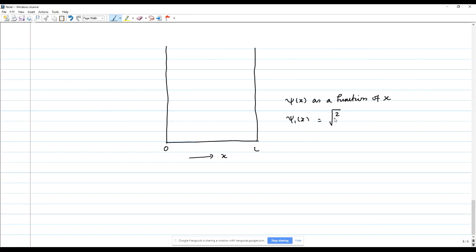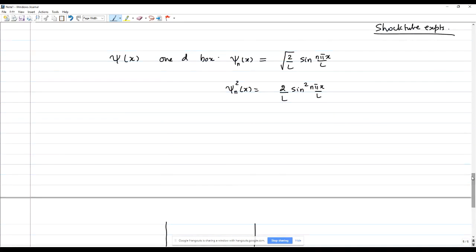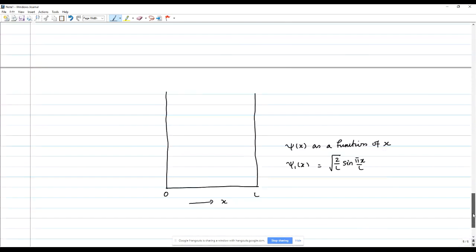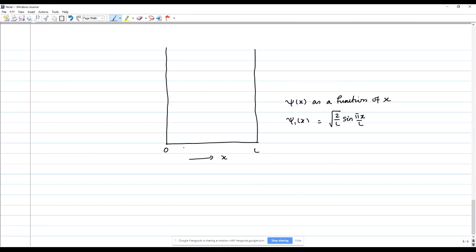That would be root 2 by L sine, since n is 1, pi x by L. This is very easy to see from 0 to L, because at x equal to 0 this is 0, and at x equal to L this is also 0. And it's a sine graph. So you must know that the sine graph is essentially something like this. It's an oscillatory wave function. Okay? It's a half wave.